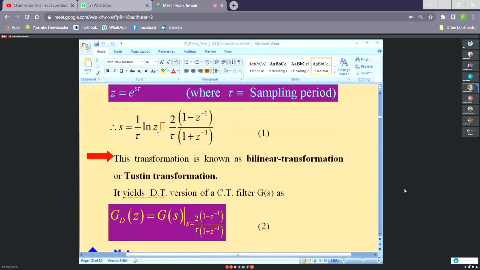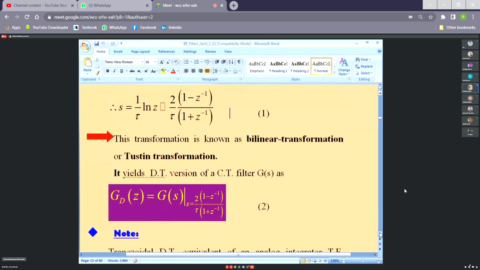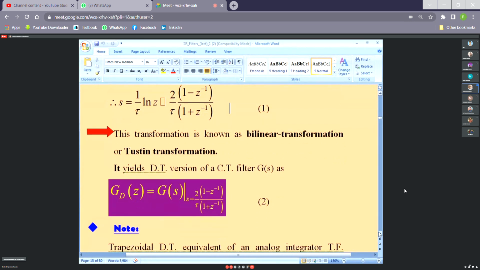One by tau natural logarithm of Z should be approximately equal to this box. There was some version mismatch of the equation editor, so this is actually approximately equal to. Bilinear transformation method is an extremely important method for discretization of analog filters.